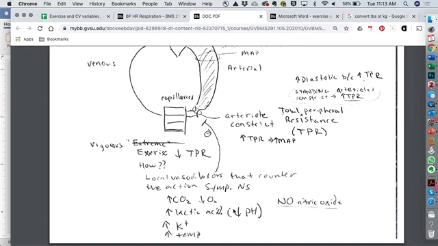So your blood pressure goes up, and it does go up. But the odd thing about this is what happens to your mean arterial pressure under exercise.